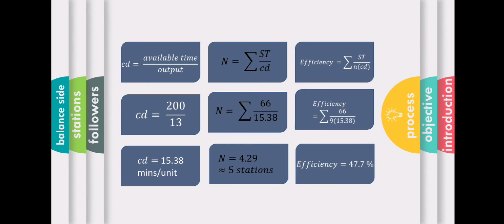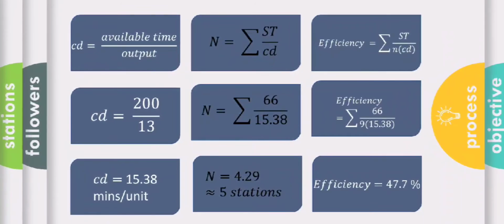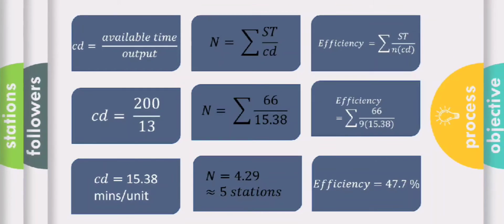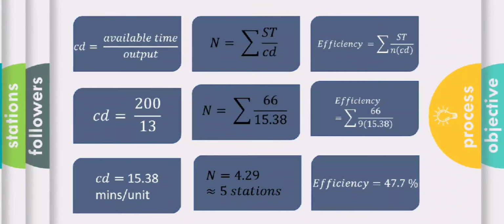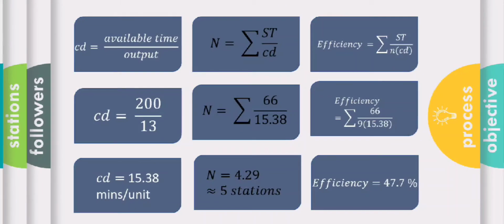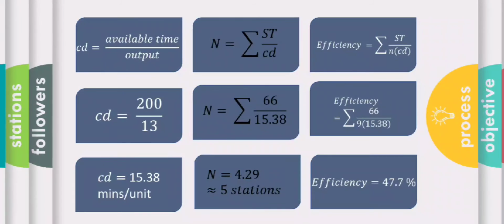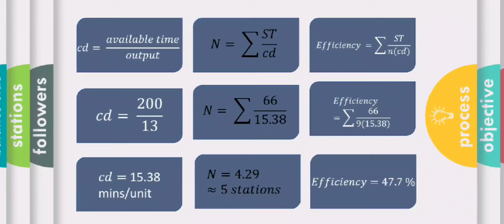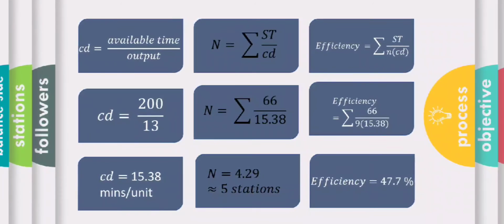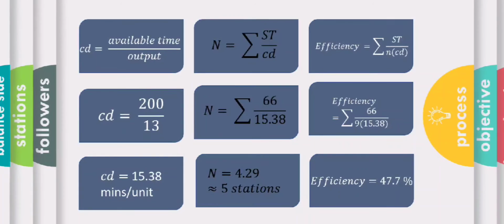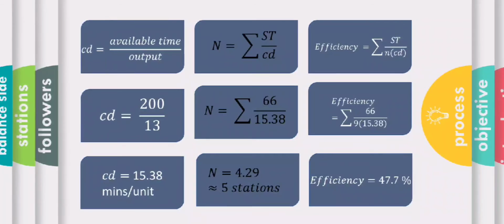Now we have to calculate the efficiency, which has a formula of summation of ST over N times CD. Here, N is the total number of tasks, which is 9. Inputting all the numbers into the formula, ST is 66 over 9 times 15.38, and we come up with a final answer of 47.7%.